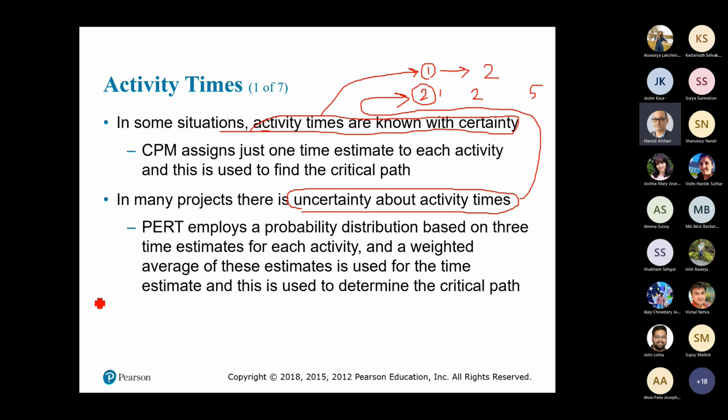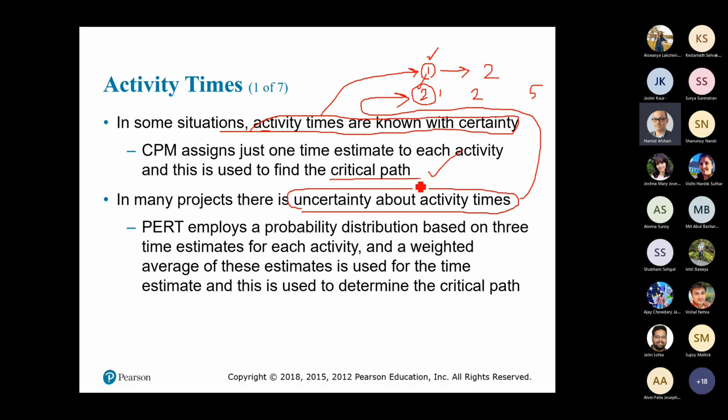Depending on whether we are in case number 1 or case number 2, we will have different approaches. If we know exactly when the activity will be completed, CPM assigns just one time estimate to each activity, and that way you are able to calculate the critical path.